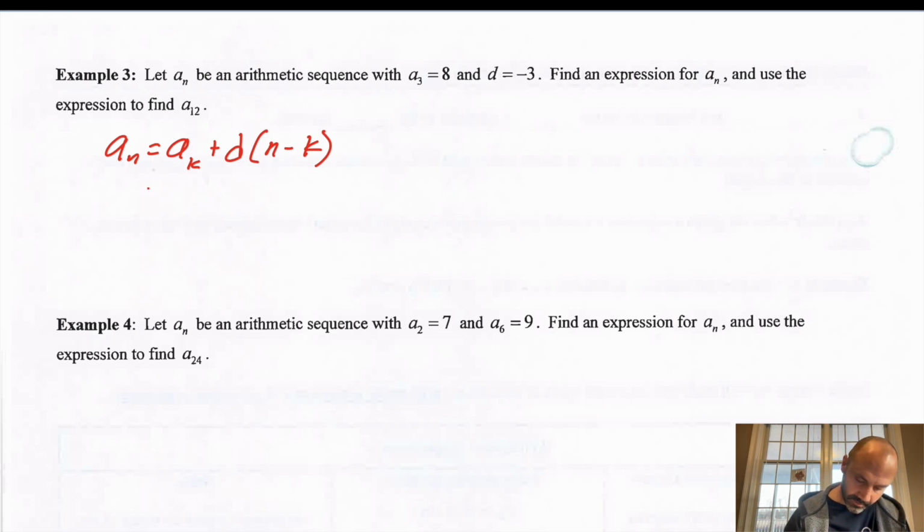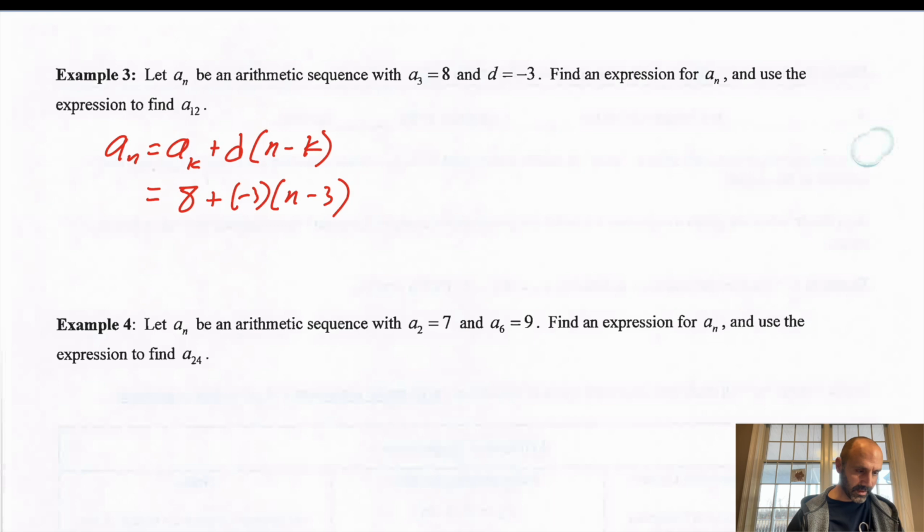So this is going to become A sub k, so A sub 3 is 8, plus, we know the difference is -3. We're going to leave n because we're looking for this expression where we can plug n in to find out what it's going to be, what the original function is going to look like. And so now k is 3, so n minus 3.